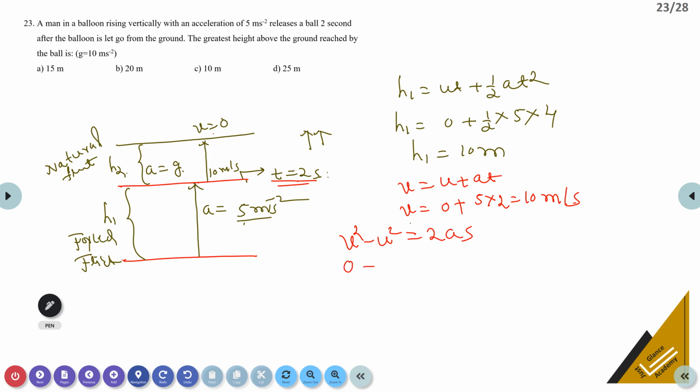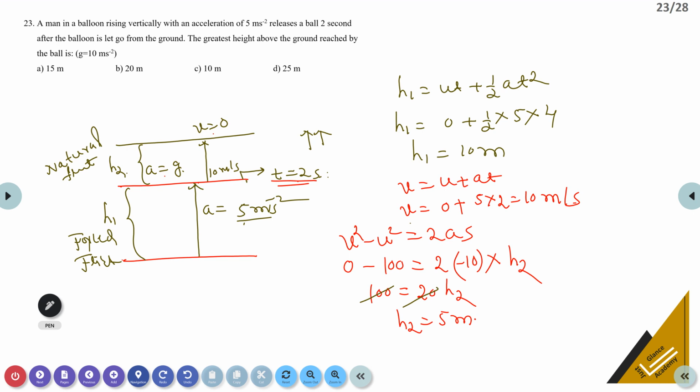Here at this point, 0 minus 10 into 10, 100, equal to 2 into a, which is minus g, minus 10 into h2. So 100 equal to 20 into h2. So h2 equal to 5 meter. But what is our question?